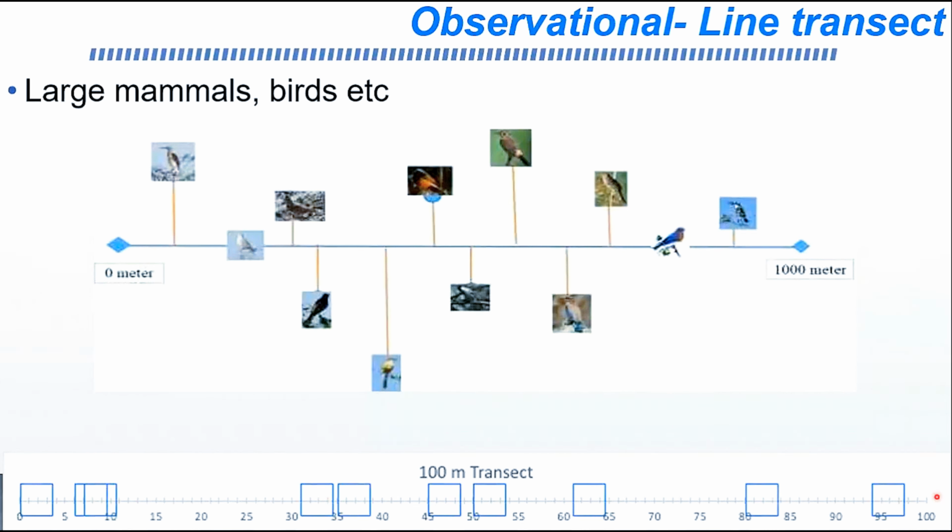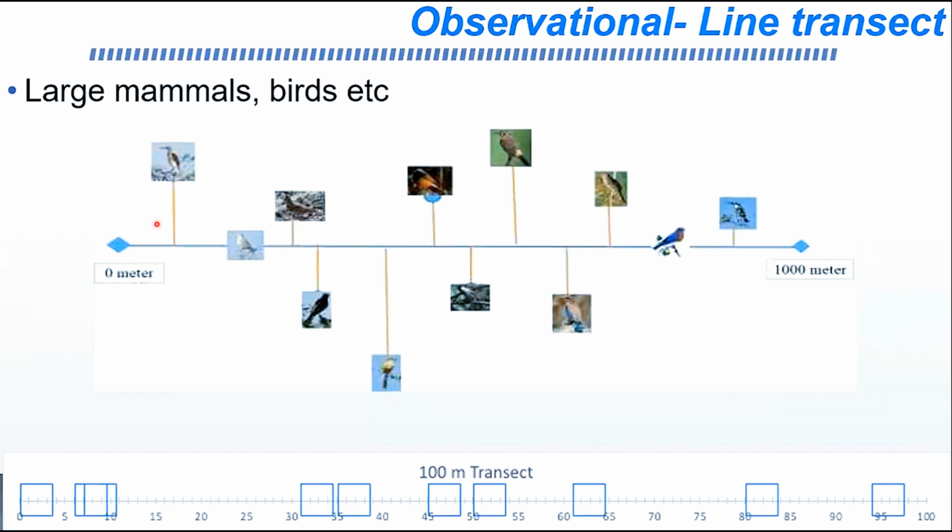But the thing is, you do it on the same route every time you go for sampling. So if I'm doing it in the first week of every month, or if I'm doing it fortnightly, I will travel through the same place in the same line every time, right?